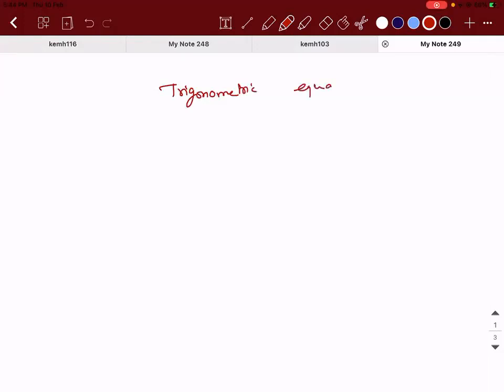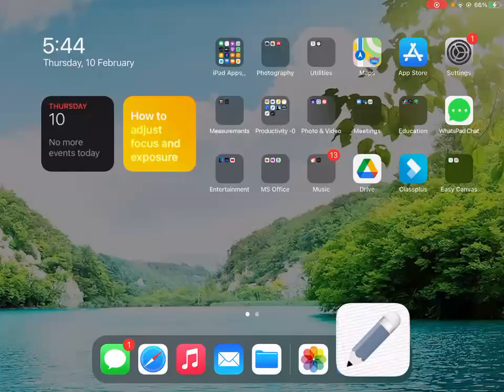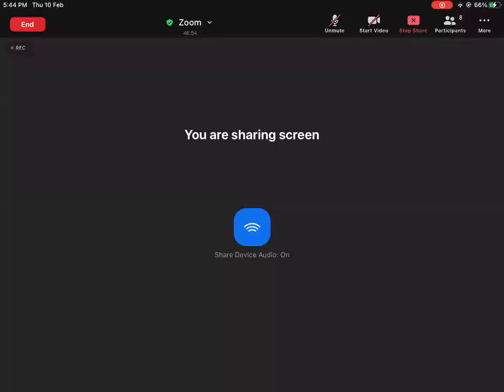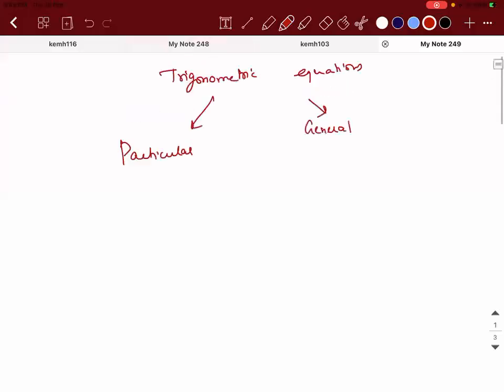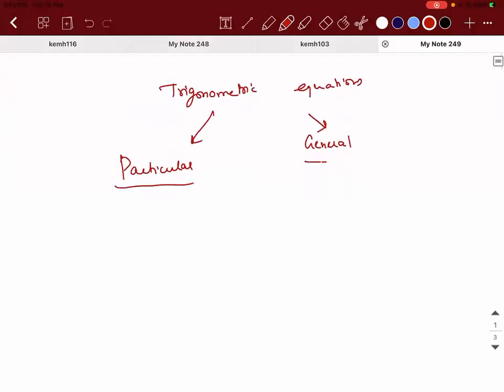You can either find a particular solution or a general solution. Right. You find either a particular solution or a general solution. So what do you mean by particular?